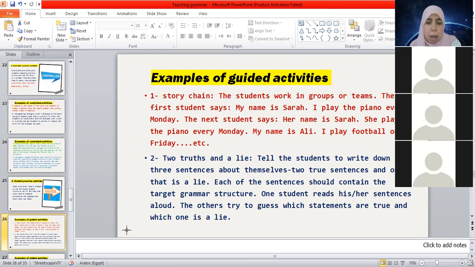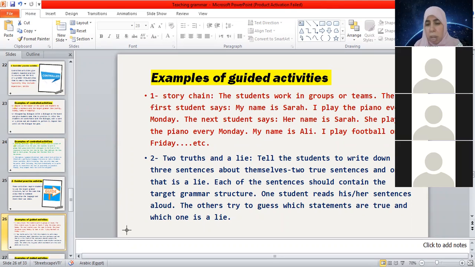For example, if I'm talking about the past, so yesterday I cooked fish, I visited my grandparents, I watched TV. So two of them are true, and 1 is a lie. So the other students try to guess and tell me, yes, I think you didn't cook yesterday. It's a lie.